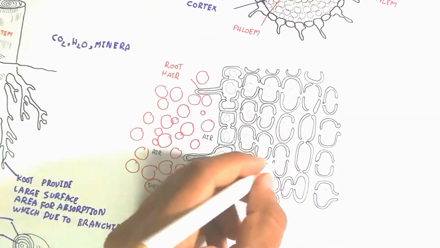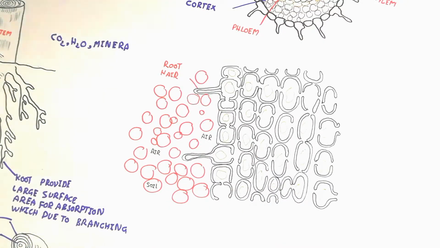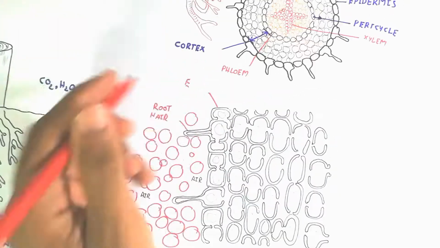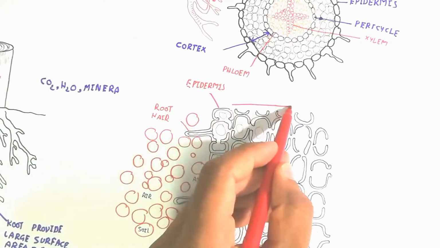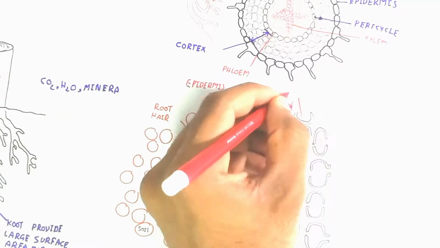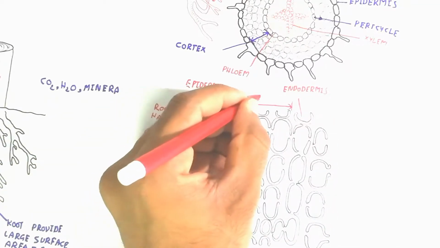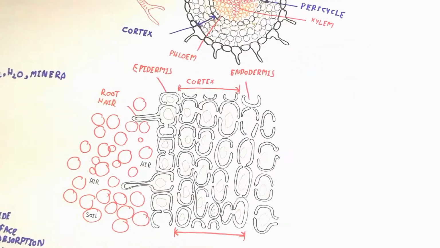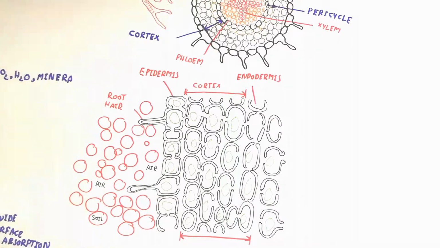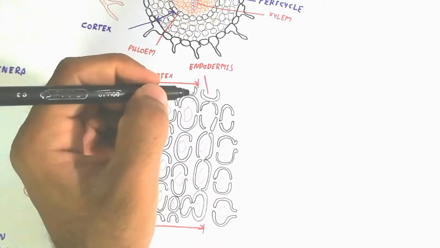So here I draw a cross section of the root. Here is the carbon dioxide. Sometimes carbon dioxide is also absorbed by the root hair, but here we will discuss just water. Here is the epidermis, the cortex, and the endodermis.